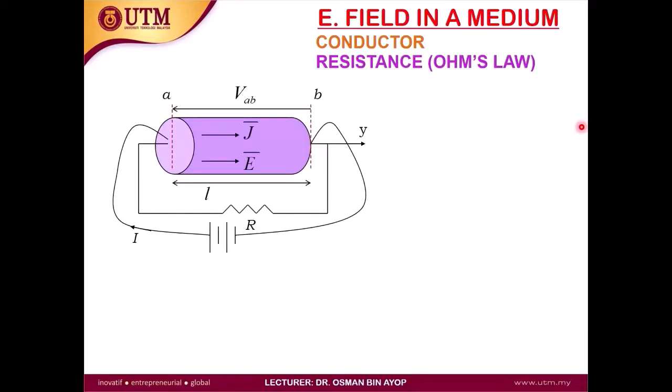Let's say you have a conductor in the form of a cylinder like this. What happens if we apply the voltage source to the conductor? The voltage source will supply the electric current through the conductor, and the voltage source also provides the impressed E field.